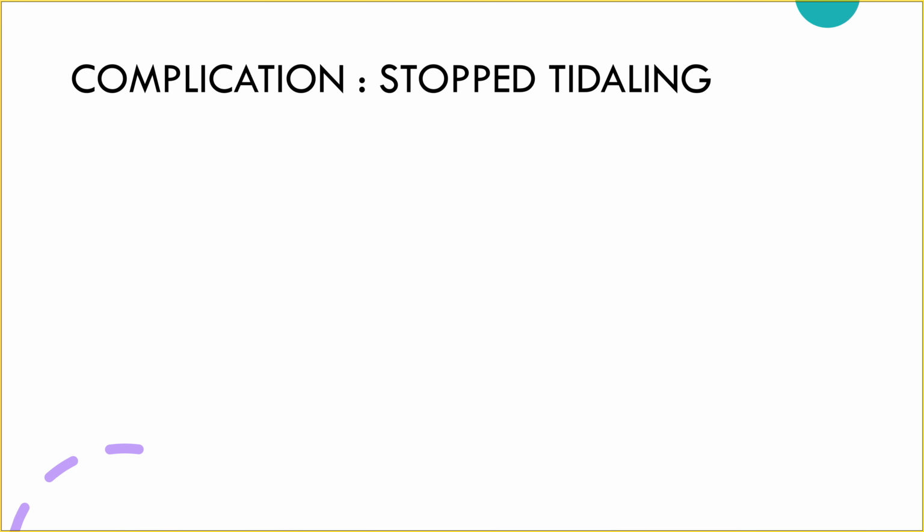Then the other thing that we are looking for in complications of chest drain is tidling. Sometimes the patient's drain stops swinging, and it can be because the chest drain is kinked or obstructed. However, it may be that the patient's lung has fully re-expanded. And the third reason why tidling might stop is an air leak.